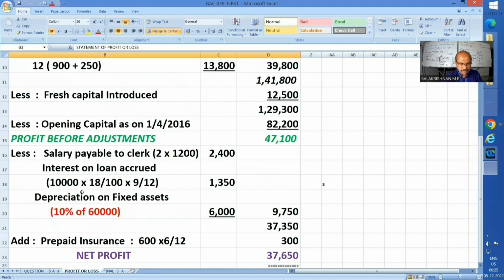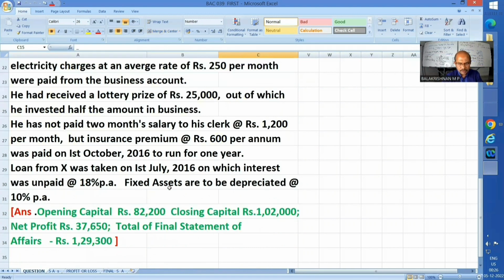Hence, 10,000 into 18 by 100 into 9 by 12. Why? April, May, June was not in the picture. Remaining 9 months. It comes out to be 1,350. Right. Next one. Fixed assets are to be depreciated at 10% per annum.